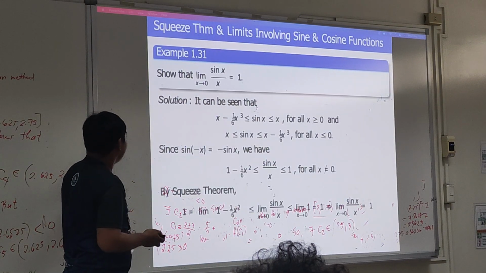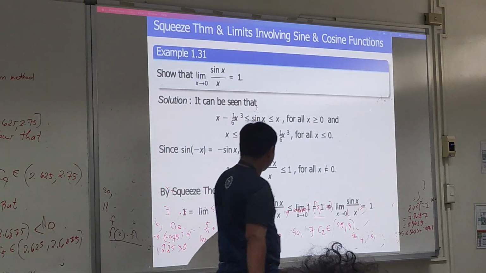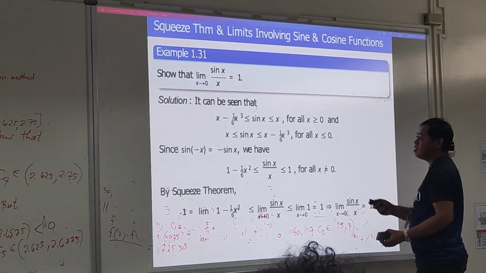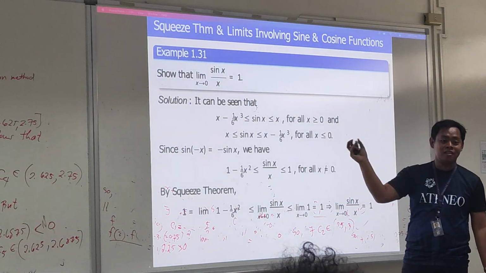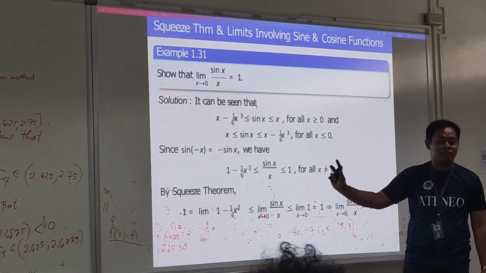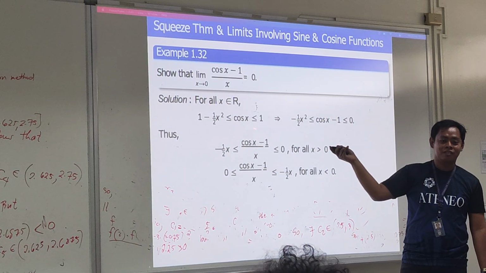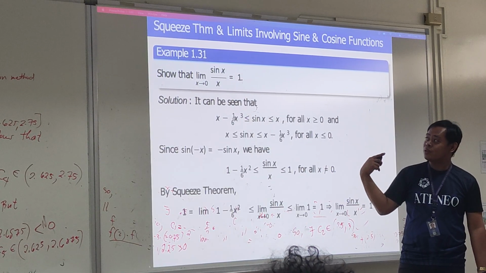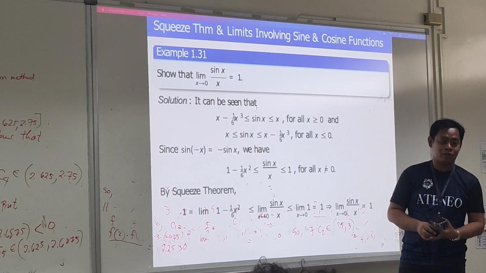So with that, showing this one using the squeeze theorem. Because this is very important because we were going to use this formula in evaluating the limit of sine function and cosine function. For cosine function, we have also this one. I'm so excited. So first, you also put what's the limit of sine x over x as x goes to 0.